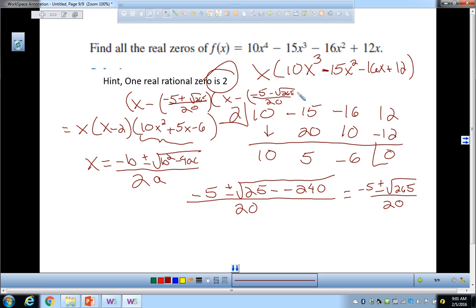Okay? I'm missing a parenthesis over it. So that would be the total factorization with this ugly thing over there. It's kind of ugly, but that's how you do it. That's the end, I think.